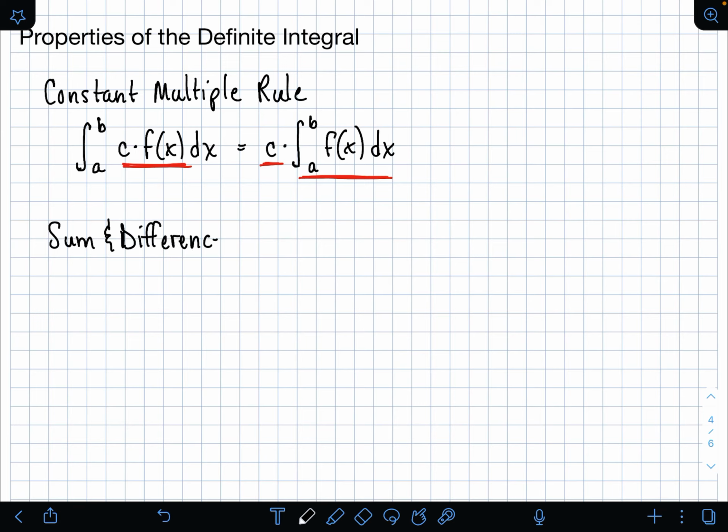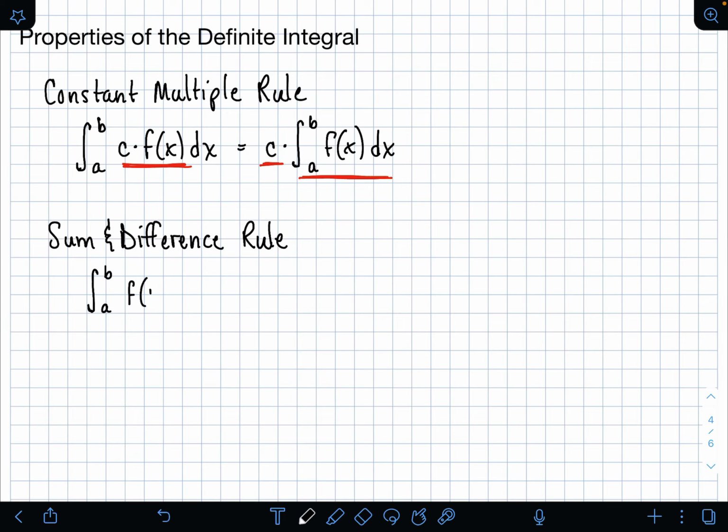For, again, limits, derivatives, antiderivatives, and summation, we basically said that if we have multiple terms in our expression, we can handle each one separately. We can do the limit of each term in the sum separately, or the derivative of each term in the sum separately.